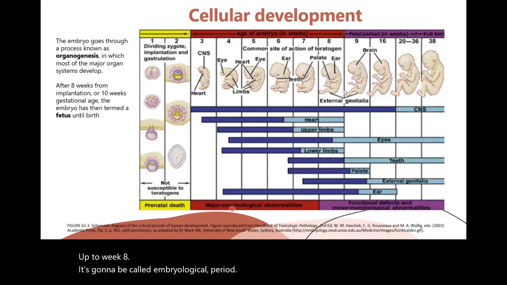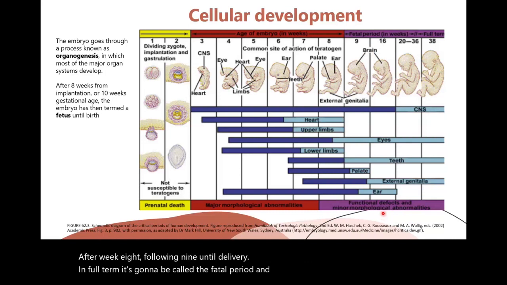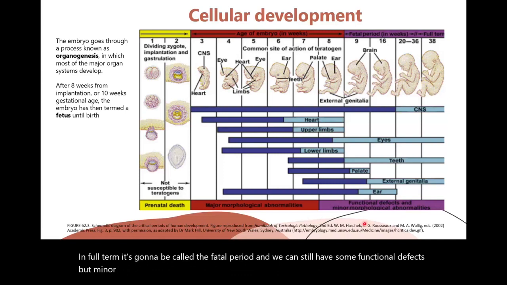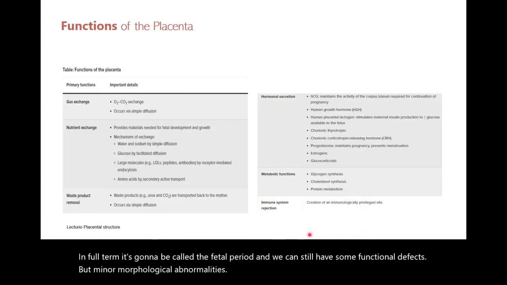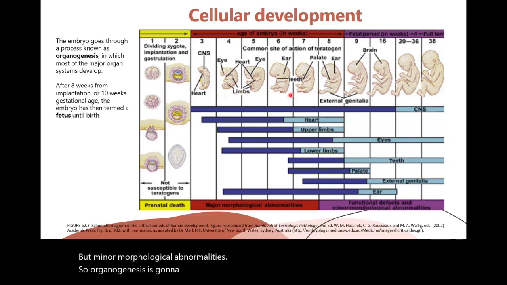And here we can see the major morphological abnormalities. After week 8, from week 9 until delivery at full term, it's going to be called the fetal period. And we can still have some functional defects, but minor morphological abnormalities. So organogenesis is going to occur in the embryological stages, before the second month.